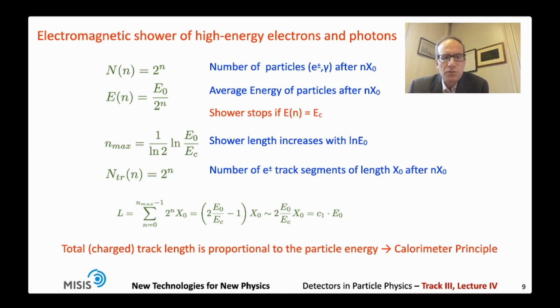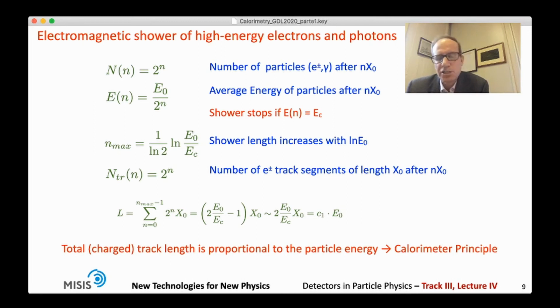And so we can compute the maximum number of radiation lengths in a certain material as 1 over the log of 2 times the log of the ratio between the initial energy and the critical energy.